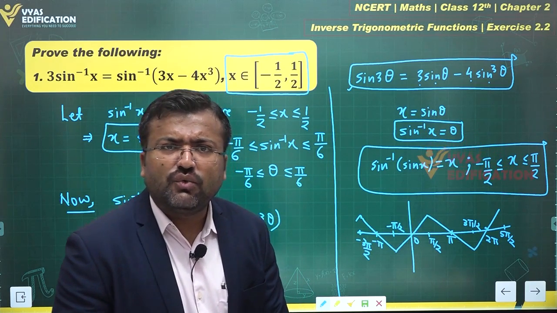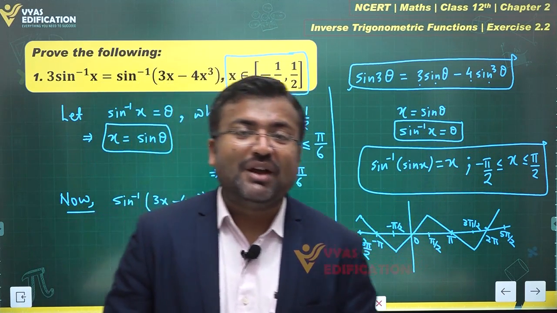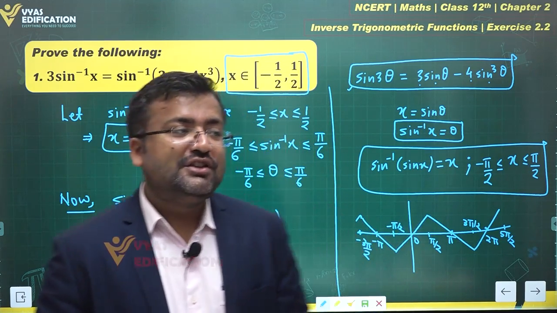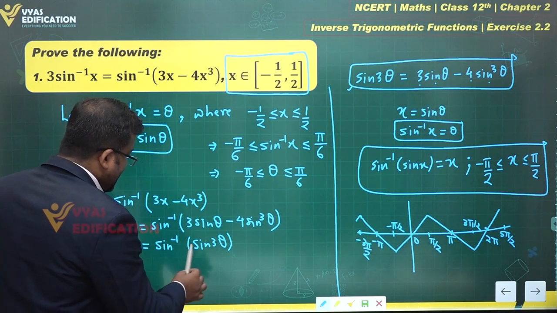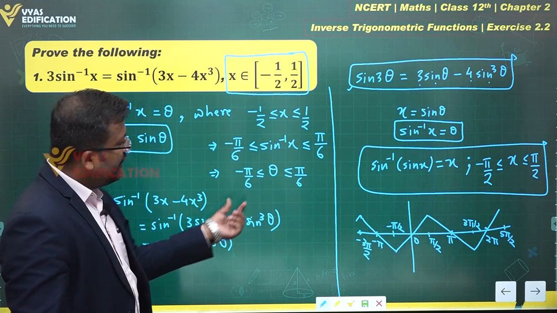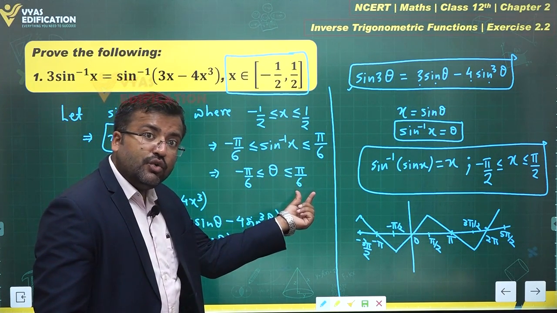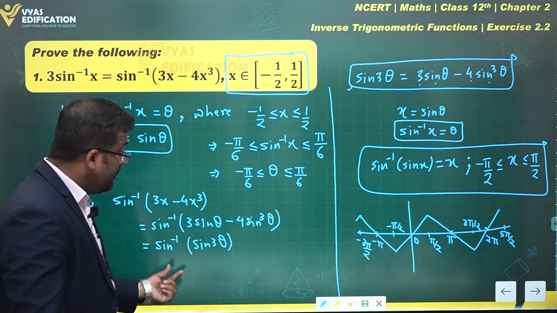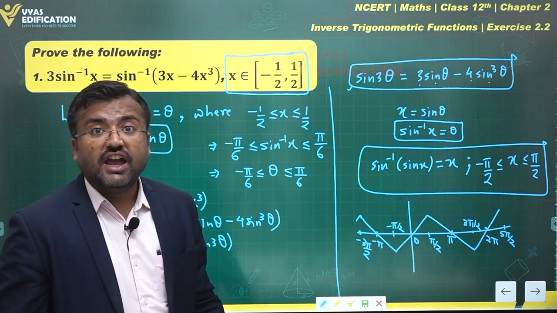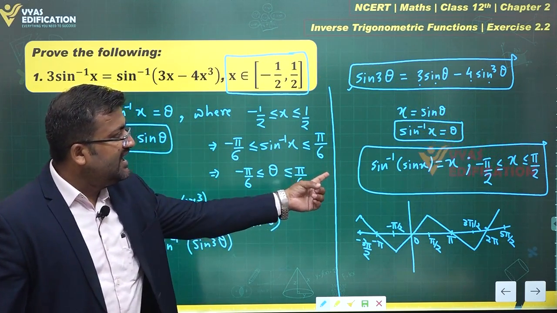But do we actually require all of those definitions over here? The NCERT people have made your life very easy in this case. How have they made your life very easy? Please observe sine inverse sine 3 theta, and where does 3 theta lie? If you observe carefully, 3 theta will lie in the interval minus pi by 2 to pi by 2. Sine inverse sine x, where x lies from minus pi by 2 to pi by 2, the output will be simply x. And how have they ensured that you only focus on that definition?